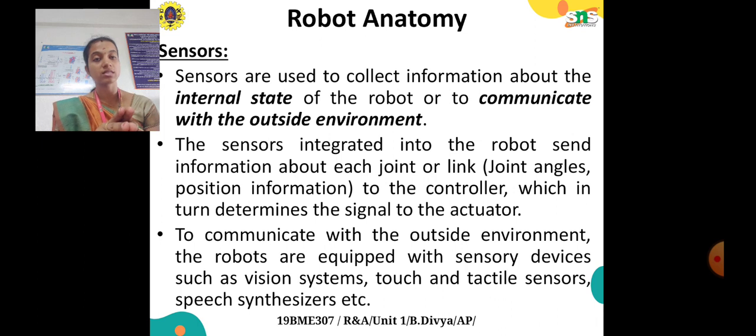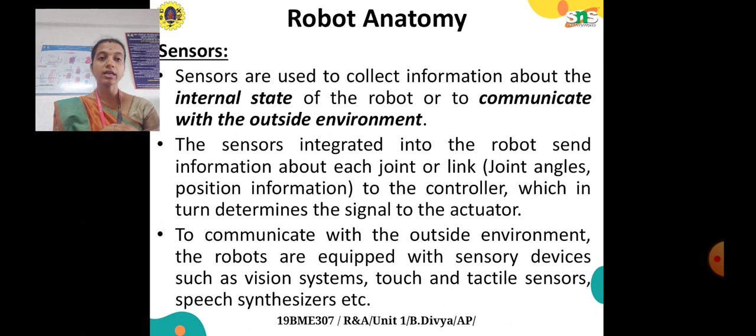Next we have sensors. Sensors are used to collect information about the internal state of the robot and to communicate with the outside environment, right?